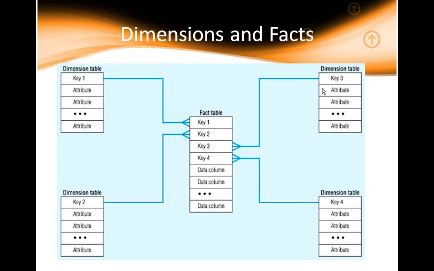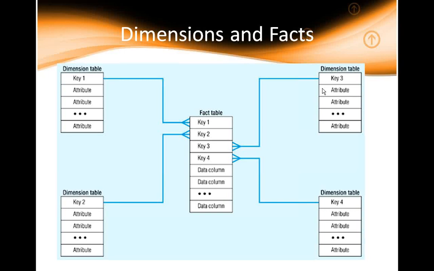How it will be like, suppose dimension 1 is customer, so for each and every customer there will be one customer ID created. Suppose we take this as key 1 in the screen. Key 2 is product, for every product there will be one product ID.